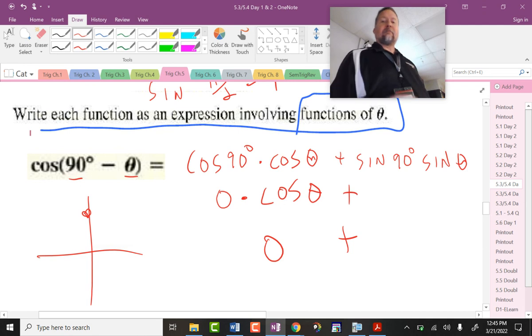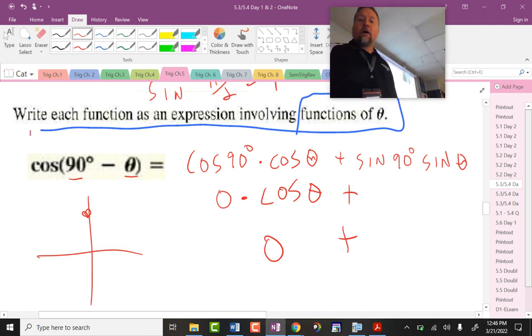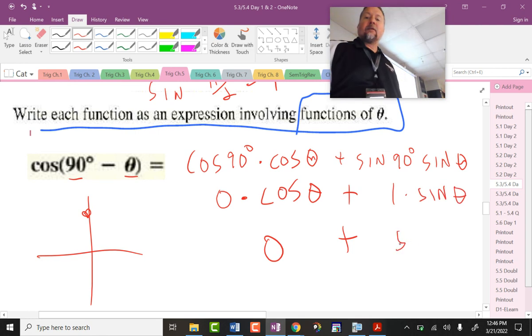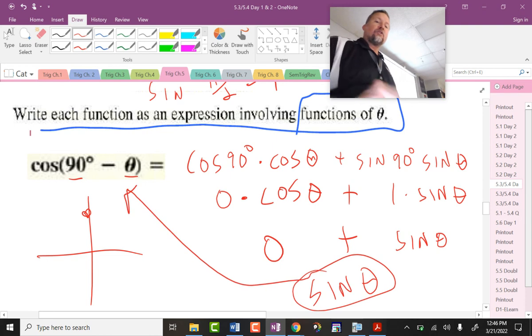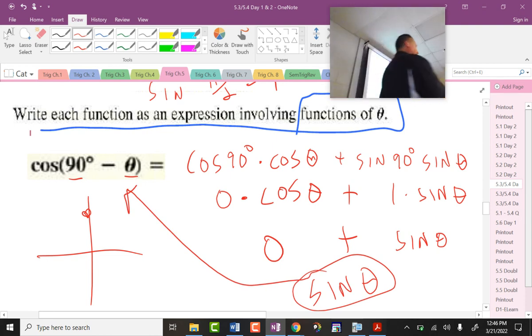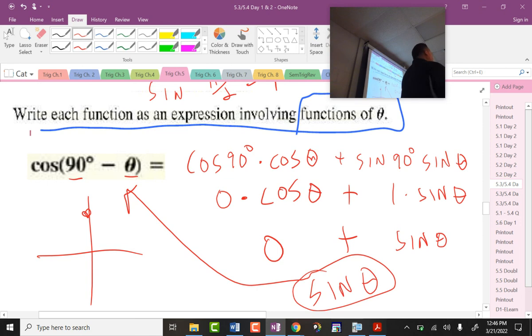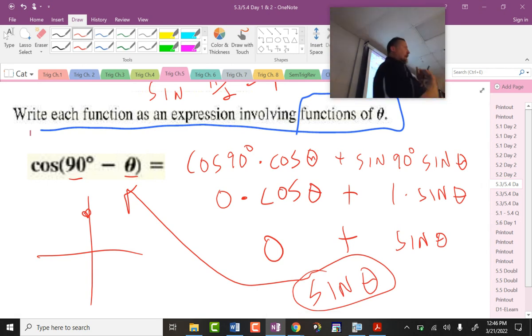And then what's the sine of 90? 1 times sine of theta is sine of theta. 0 plus sine of theta is sine of theta. So there's the difference rule showing the co-function identity in a different way. I'm not saying it would derive it because both of them are different identities, but they coincide with each other, let's say. So that's what that means in that little section when they ask you to do this.